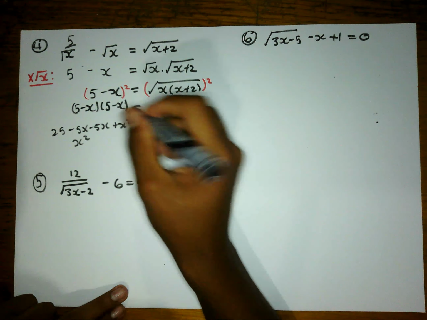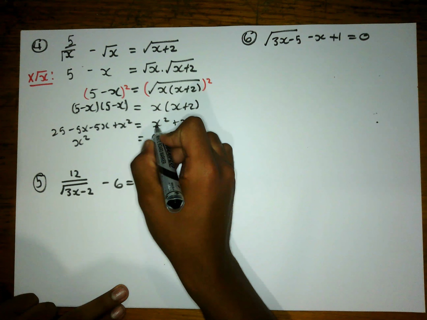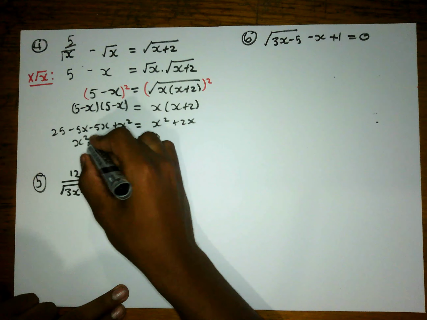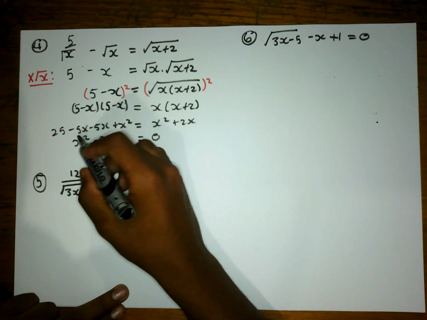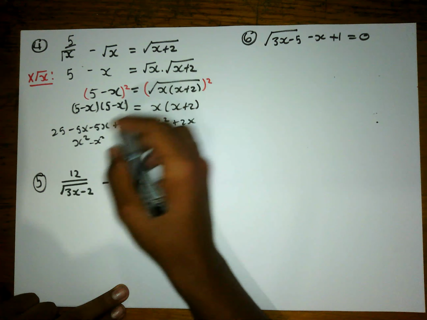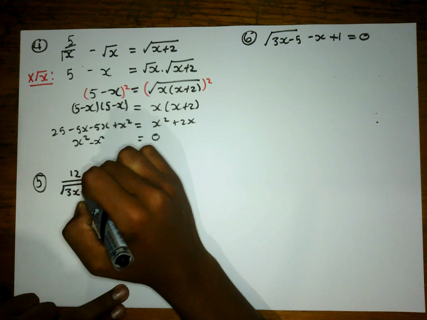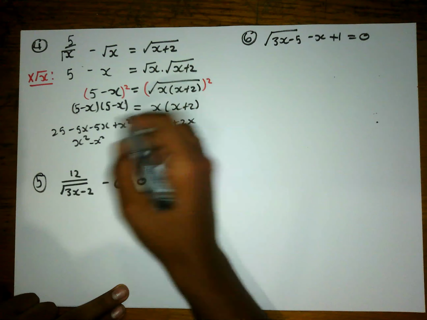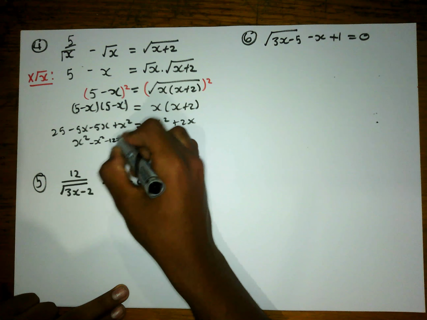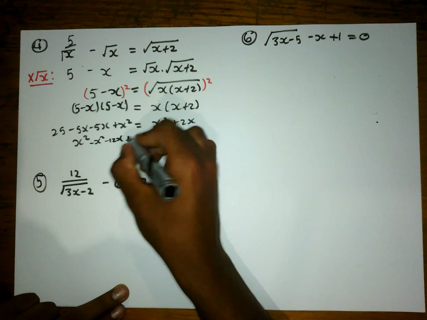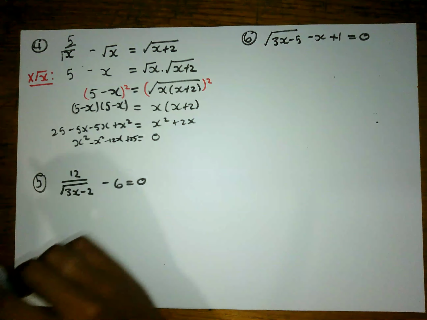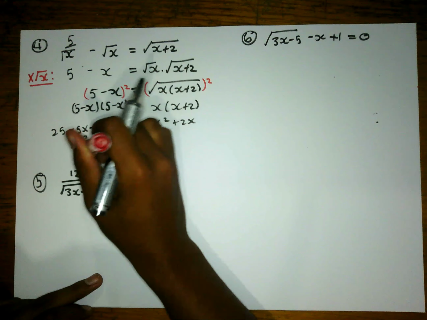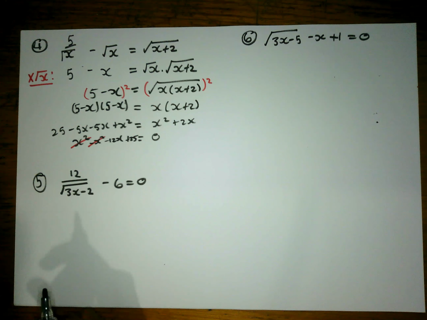So plus x squared and the x squared will cancel, because when it comes over, it's going to be minus x squared. This is minus 10x, minus 2x, minus 12x plus 25. Then these will cancel like this.